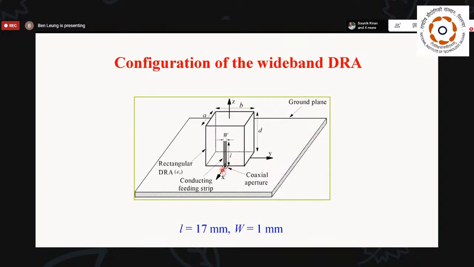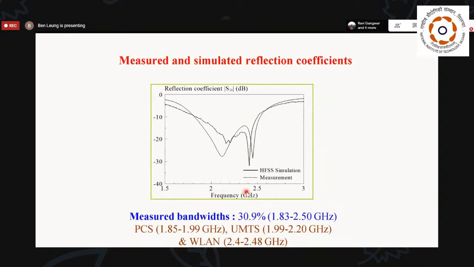Okay, in this case, we use a conformal strip here stuck on the surface of the DRA to excite the antenna. Now, the strip has a length of 17 millimeter with a width of 1 millimeter. This is an aluminum ground plane. Okay, now this is the first mode. This is the second mode.